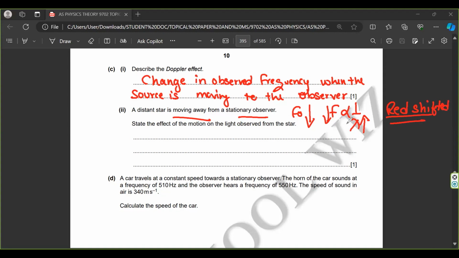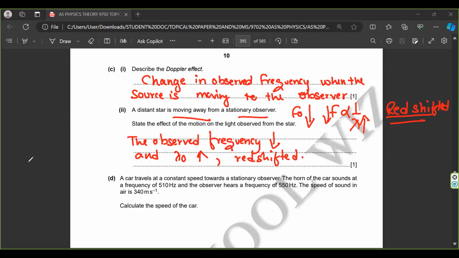Redshifted means the wavelength has increased. So therefore, we can say that the observed frequency decreases and the observed wavelength increases, making the light redshifted. Right.